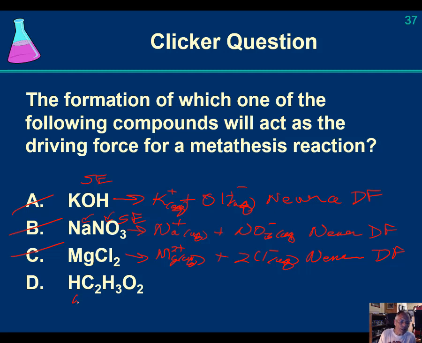But this is a weak acid. Now here's what fools people. You go, well, wait a minute. You said acetates are always soluble. Well, they are in what kind of compounds? Ionic compounds. This is a molecular compound. And for molecular compounds, the solubility guidelines don't apply. So this partially ionizes into H plus and acetate.